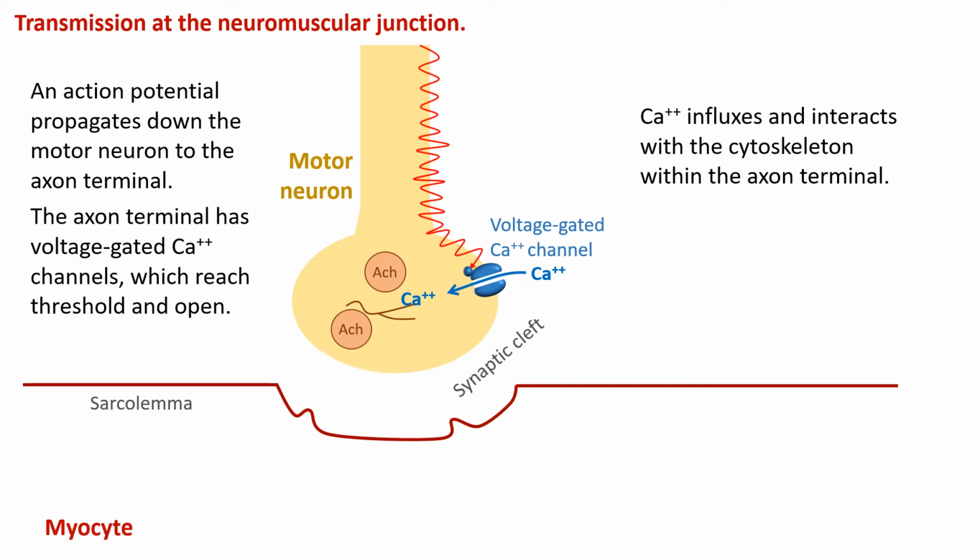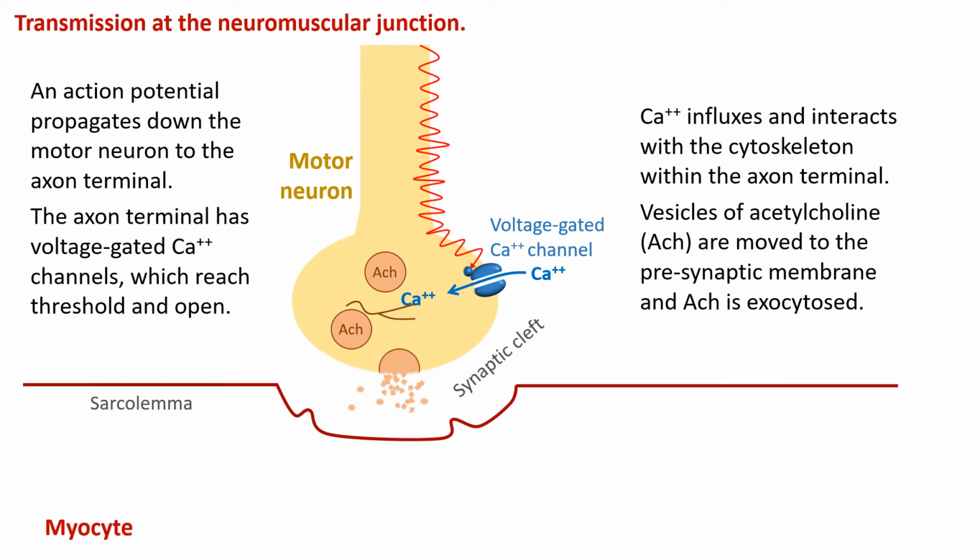Here we've got an influx into the motor neuron, into the axon terminal, interacting with the cytoskeleton, and that then stimulates the exocytosis of vesicles of acetylcholine. The neurotransmitter acetylcholine is exocytosed into the synaptic cleft.